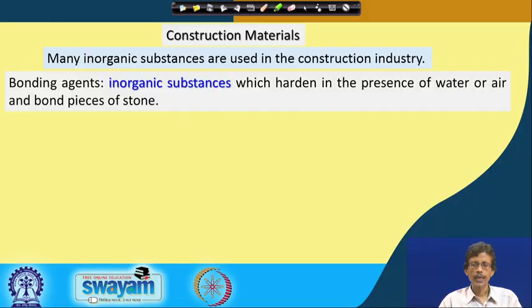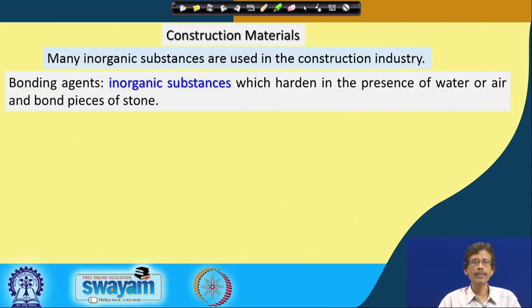So, here also, that particular substance can be hardened in the presence of water and air to bond two pieces of stone. How do we fix two pieces of stone or two bricks? You have to put something as the cementing material.